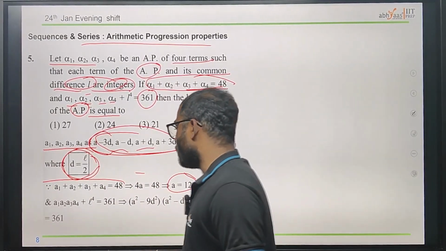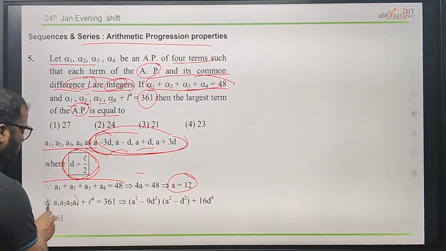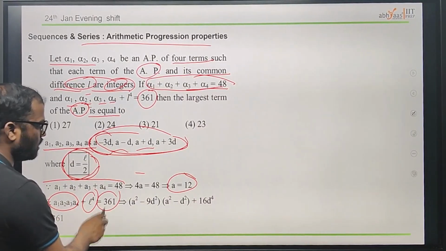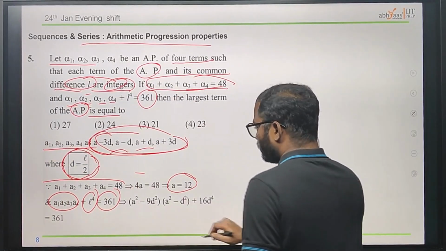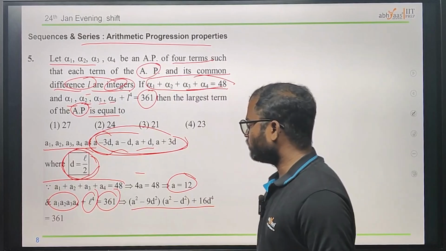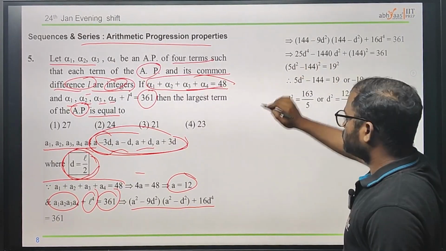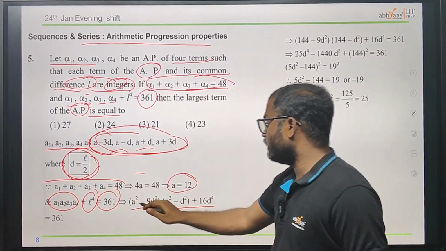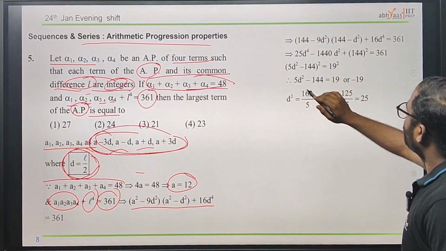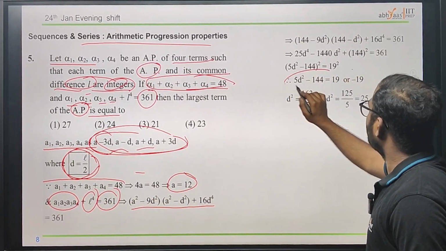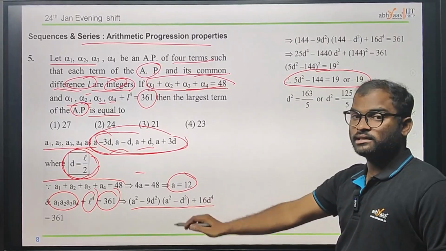Now we got the a value, and they also gave the product plus L power 4 as 361. Using that, we can write it as this. Next, we substitute d and a, and after doing that we easily get the d value.